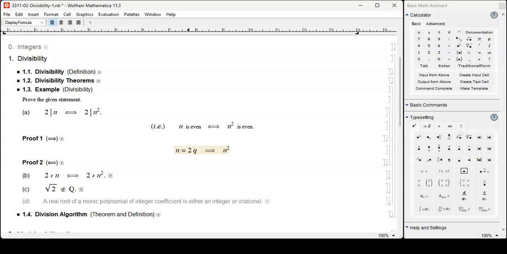Then n squared is 2 times some integer. And that's basically what we want, right? If n is an even number, 2 times some integer, then n squared is also even, 2 times something. How do you prove it? Well, n is known as 2q, so if I just square it, then this is 4q squared, and this can be rewritten as 2 times something.